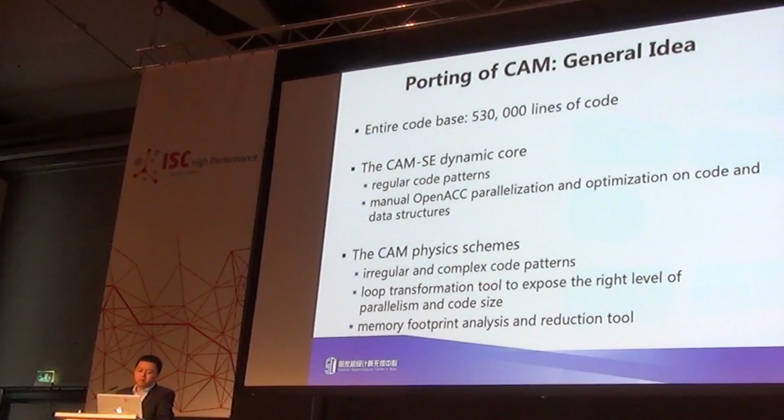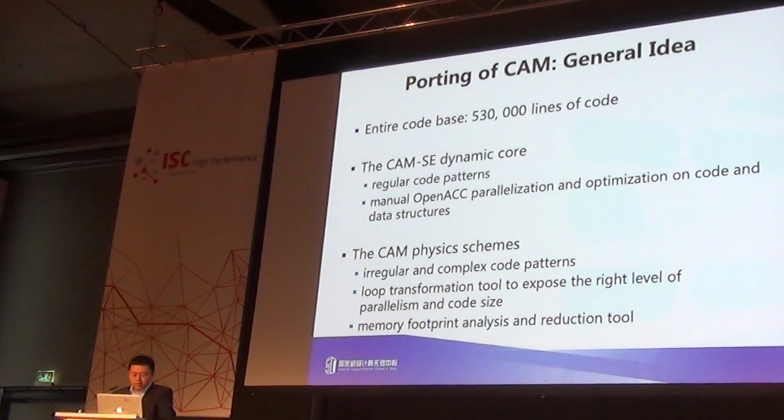Now, the more difficult part is the CAM physics schemes. We have quite a large number of physics schemes in this model, and they were written by different scientists at different times. So most of the code comes with an irregular pattern, and the code pattern is also quite complex, which means you basically cannot manually accomplish this job.